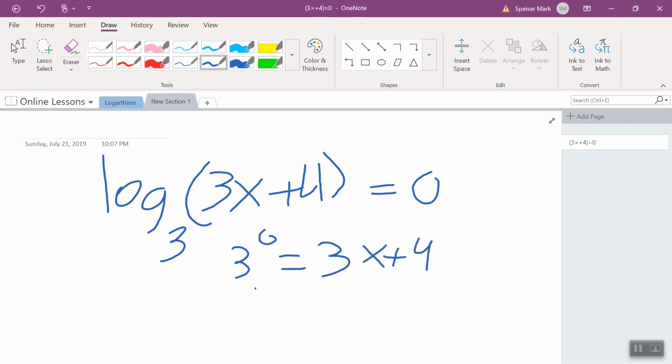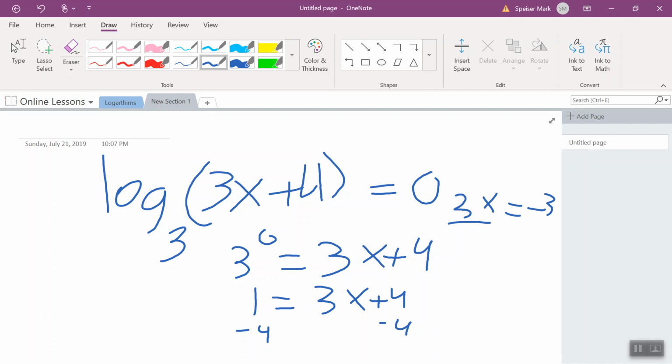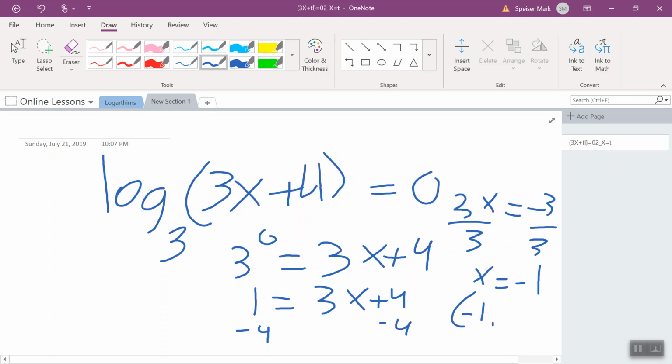Anything to the 0 power is 1. So 1 equals 3x plus 4. You solve for x, minus 4 on both sides. 1 minus 4 is negative 3, so 3x equals negative 3. Divide by 3. x equals negative 1. So our x-intercept is negative 1, comma 0.